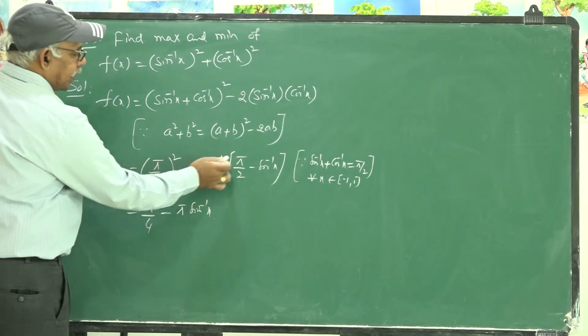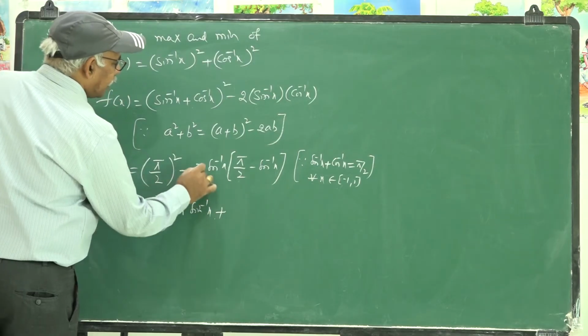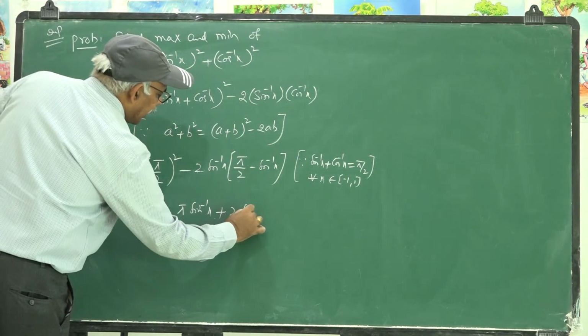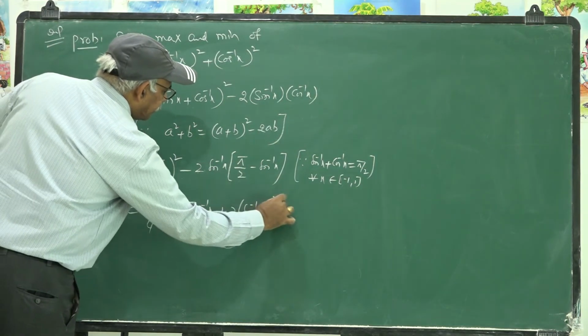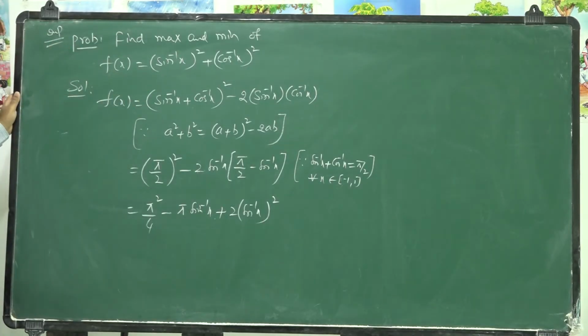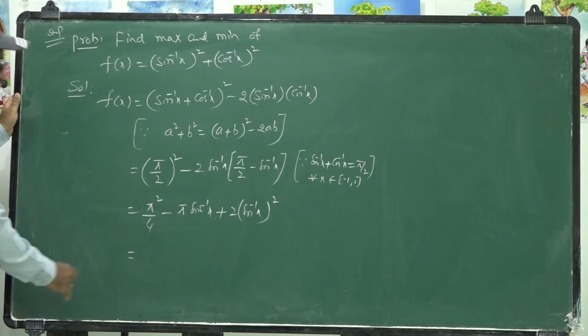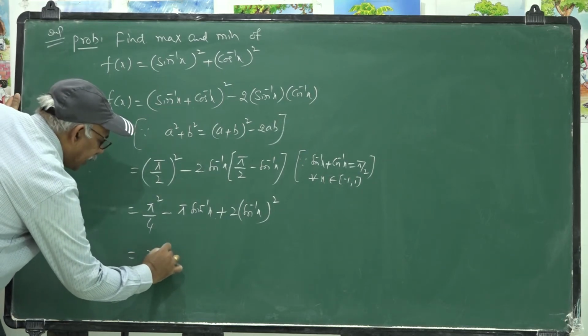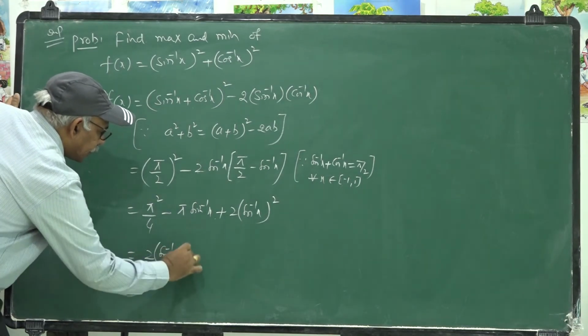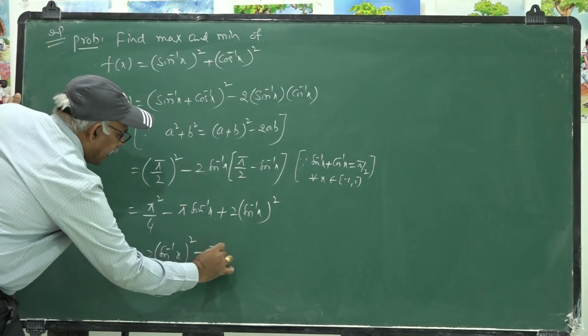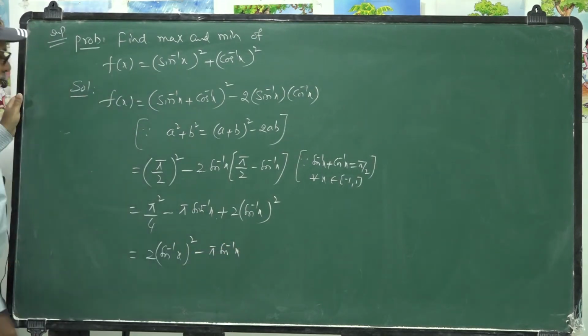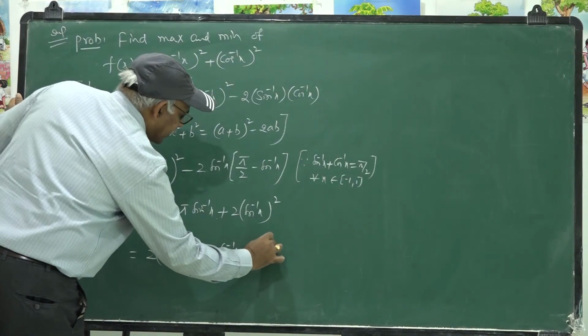So pi sin inverse x plus 2 (sin inverse x) whole square. Now this is equal to 2 (sin inverse x) whole square minus pi sin inverse x plus pi square by 4.